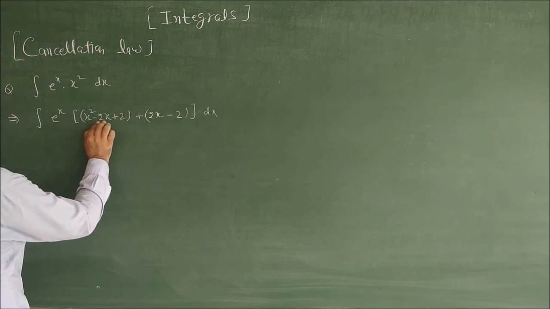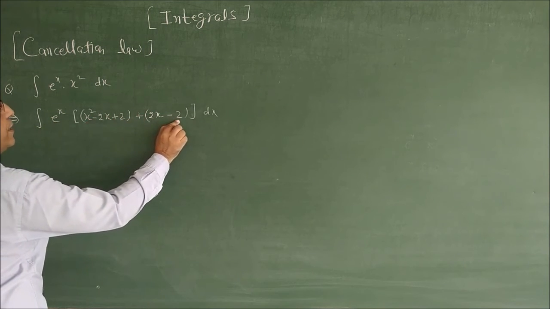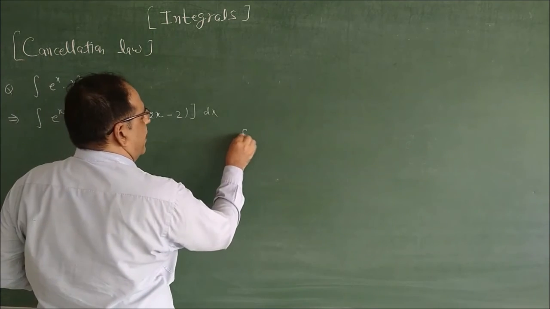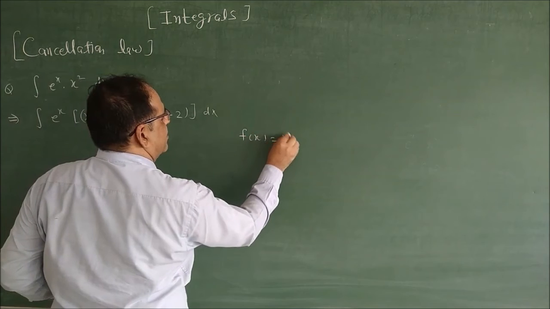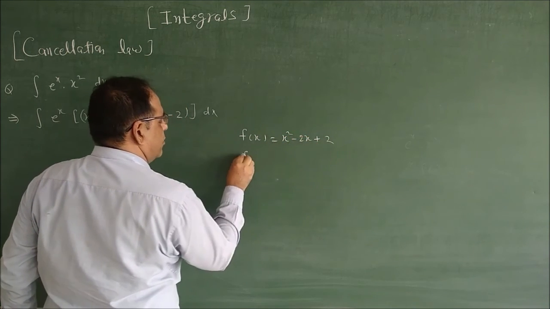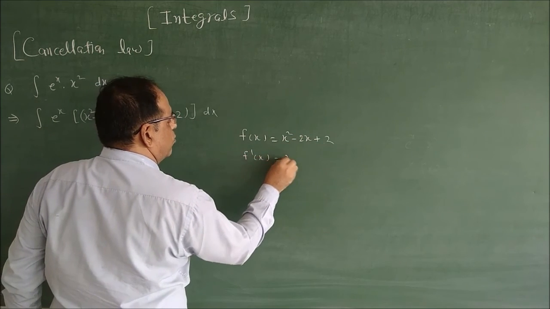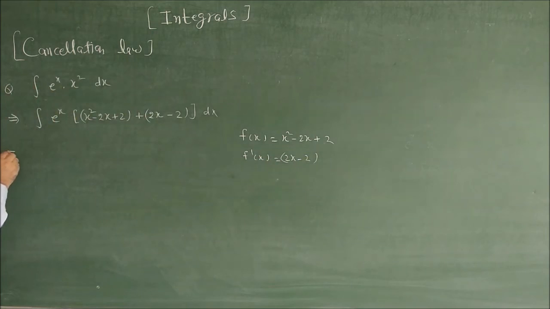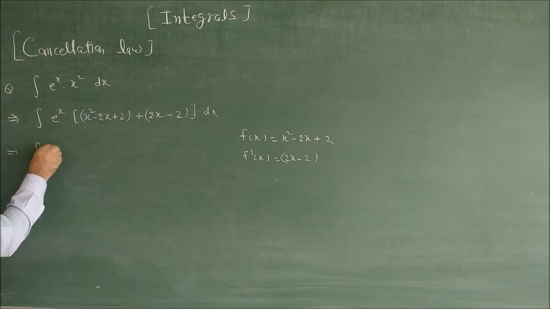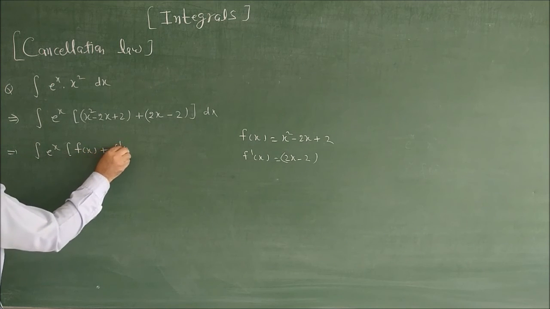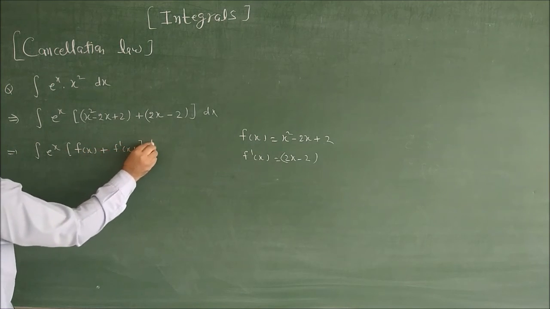Now the differential of minus 2x is minus 2, and this minus 2 is balanced by plus 2. So here f(x) equals x square minus 2x plus 2, f dash x is 2x minus 2. So the question becomes e to the power x (f(x) plus f dash x) dx.